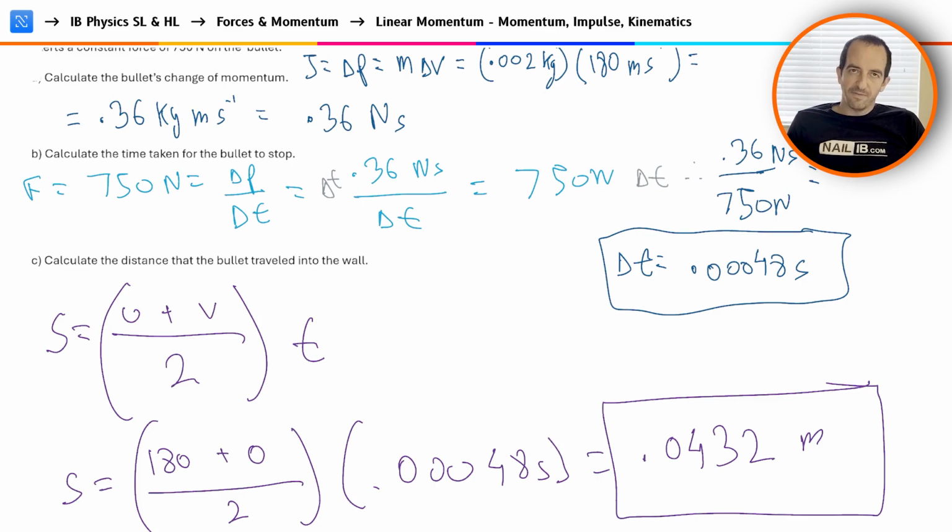So that is how far the bullet entered into the wall, which was resisting with a force of 750 newtons, which led to a change of momentum of 0.36 Newton seconds. So that was C, B, and A of this problem.